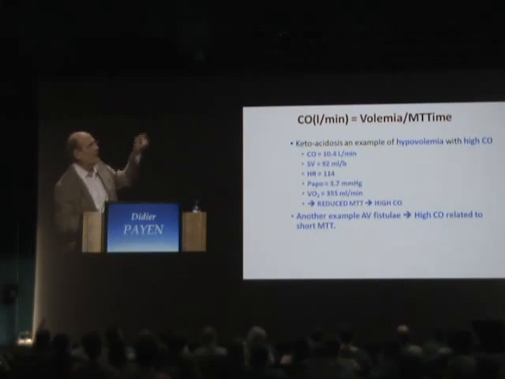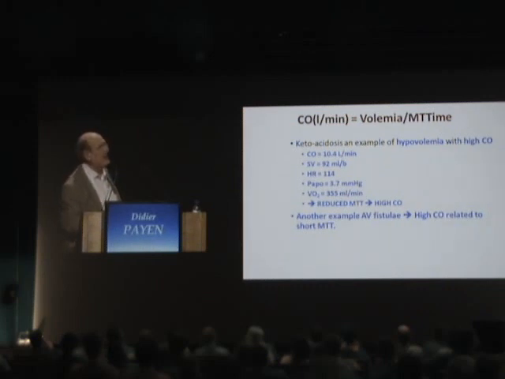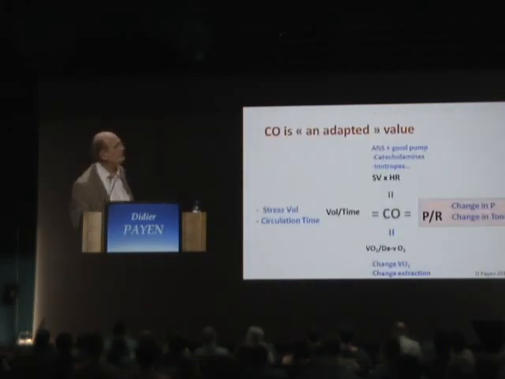And the more fluid you give, and the more insulin you give, the less will be the blood flow. You give volume and the flow goes down. Are you serious, Didier? Yes, I am. And you see the oxygen consumption is high, the heart rate is high, the stroke volume is more than good, so it exists because of the short mean transit time for the time of circulation.